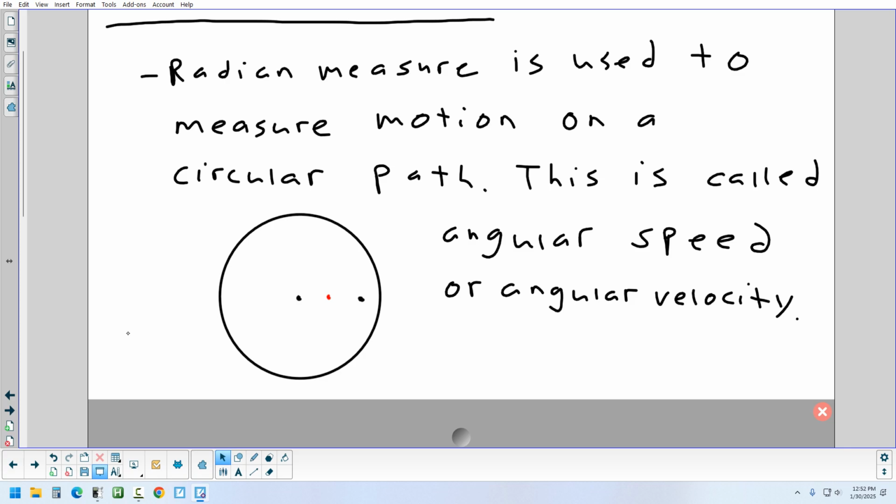But first, does anybody remember the formula to find distance? It's the square root of x. Oh, I know what you're thinking of, you're thinking of the distance formula. You're right. Let me clarify my question. It's going to involve speed and time to find distance.